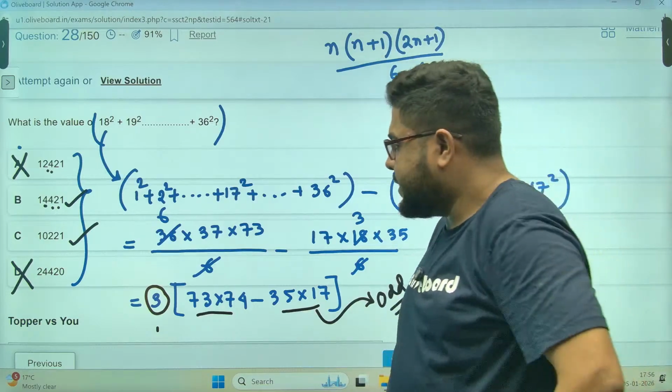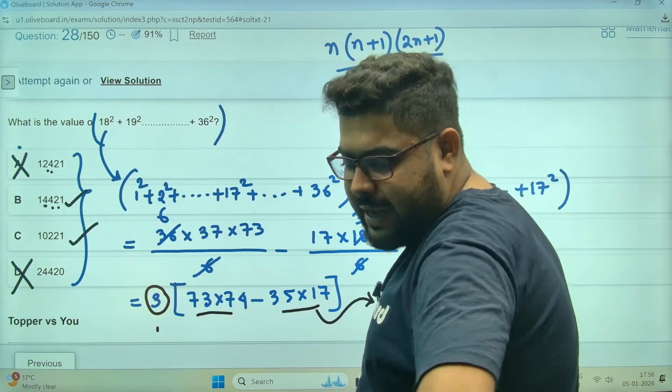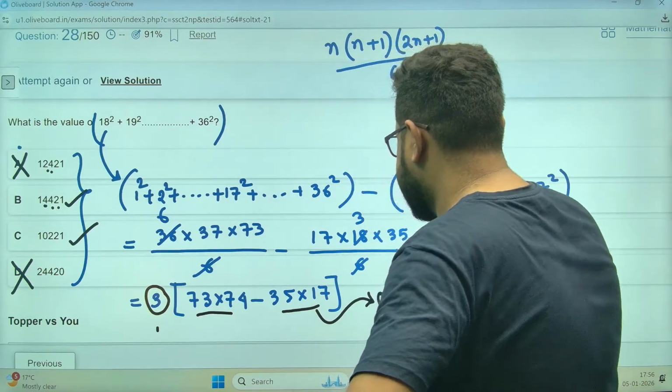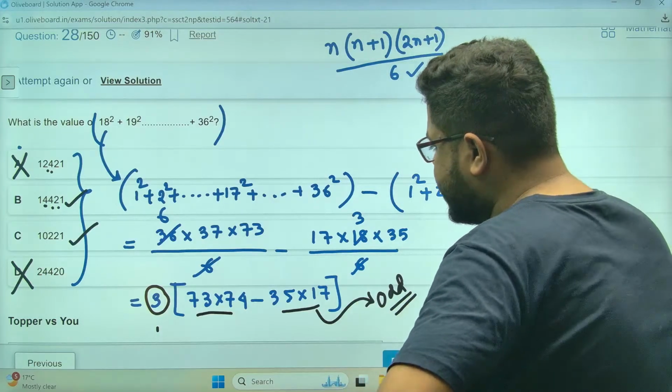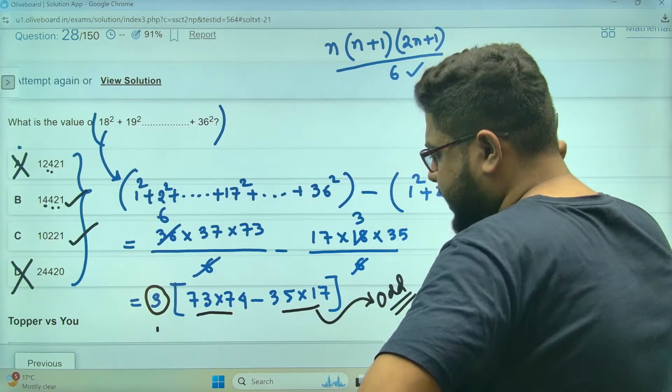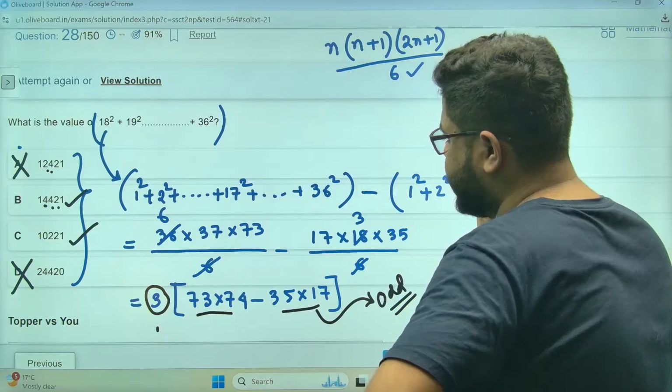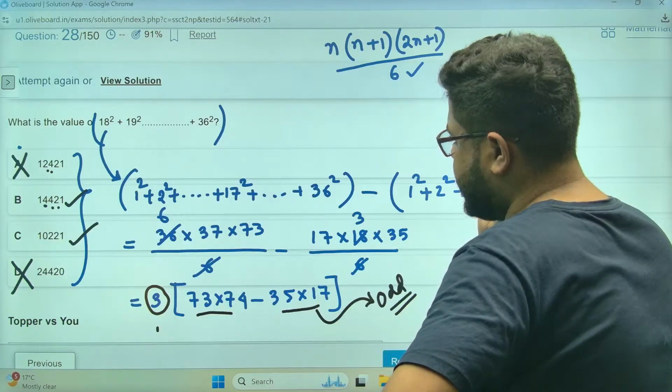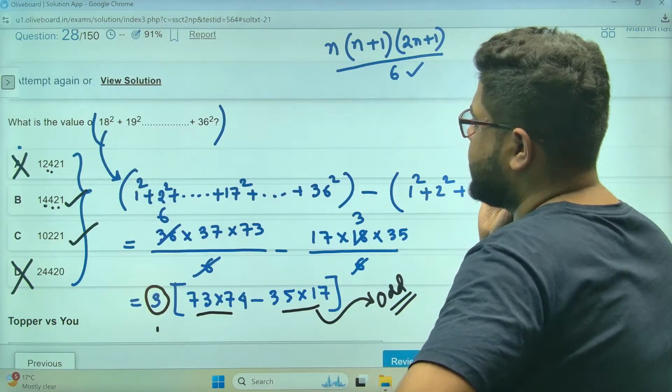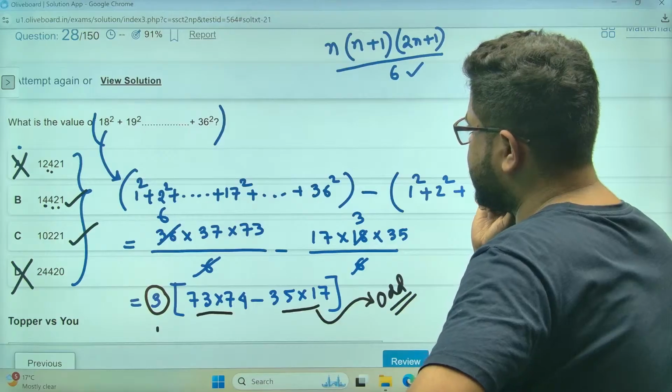Okay, but I got stuck. So my answer is between B and C. Again, let me see. Anything else I can use? रुको सर, थोड़ा सोचने दो.